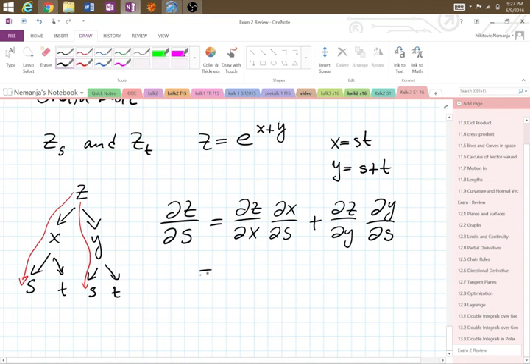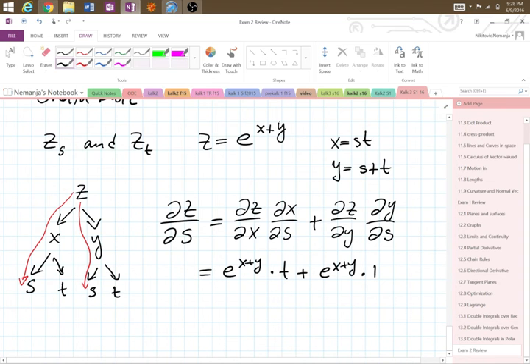Now to plug in everything: dz dx is just e to the x plus y, times dx ds, which is t, plus e to the x plus y times dy ds, which is going to be 1.